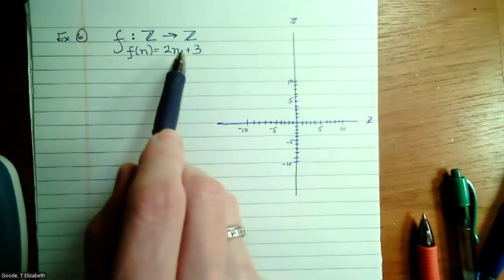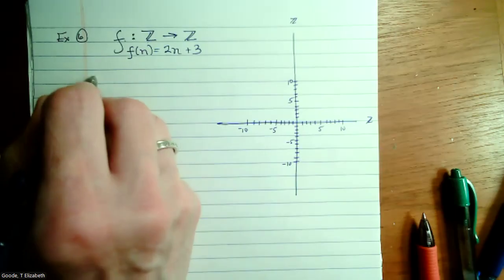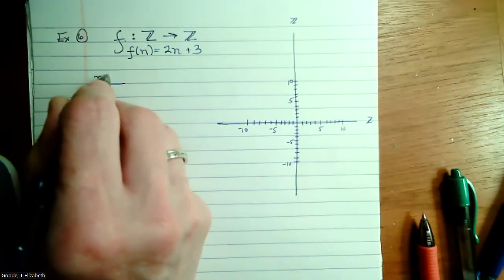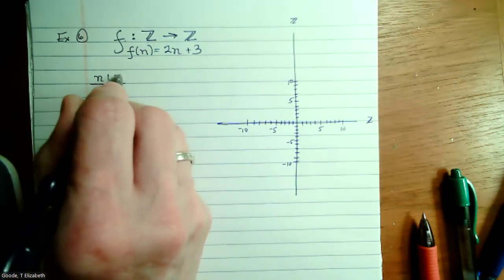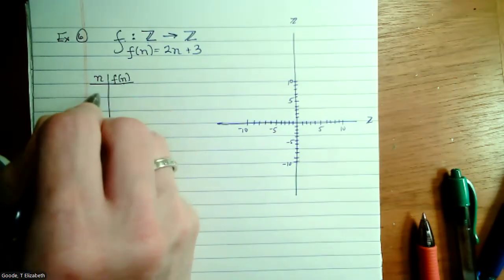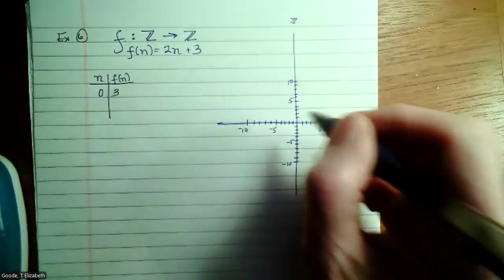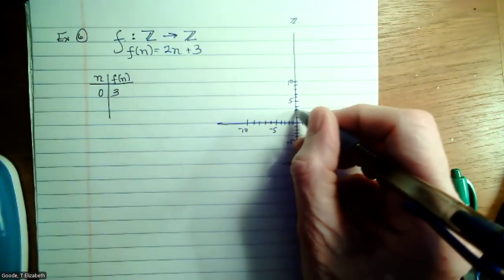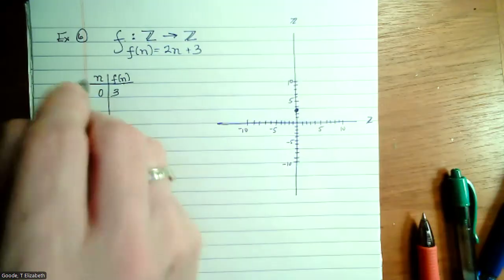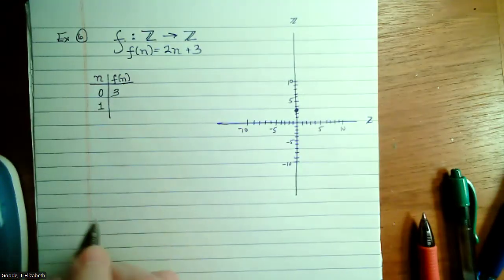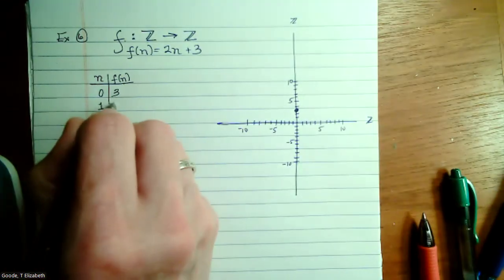All right, so you help me. We can make the little chart over here, n and then f of n, right? When n is 0, what's f of n? 3. All right, so (0, 3). That's a point on this function. When n is 1, what's f of n? 5.